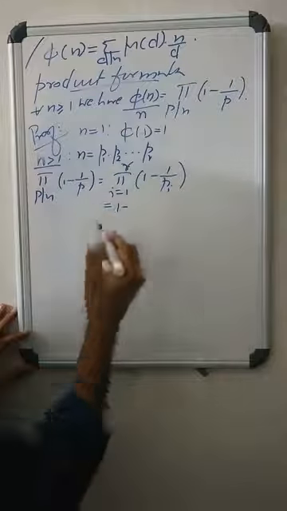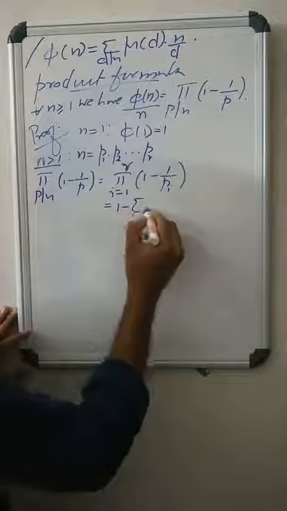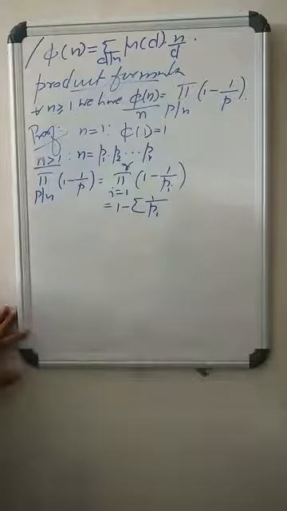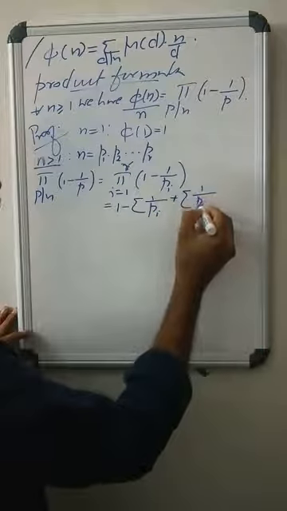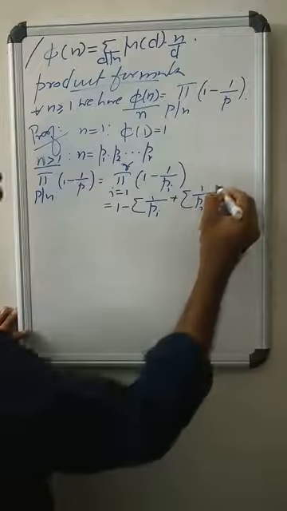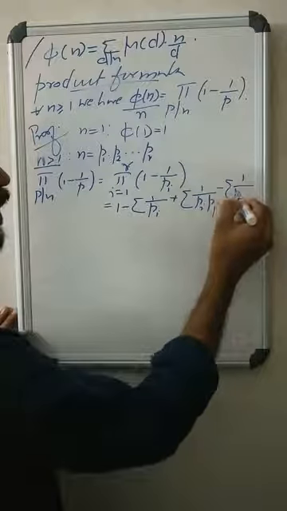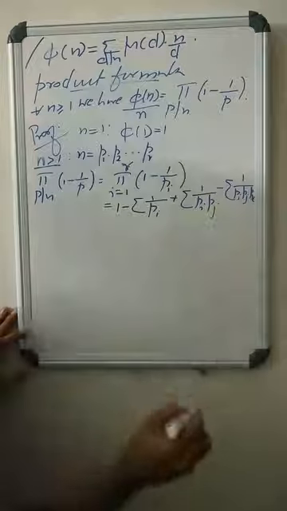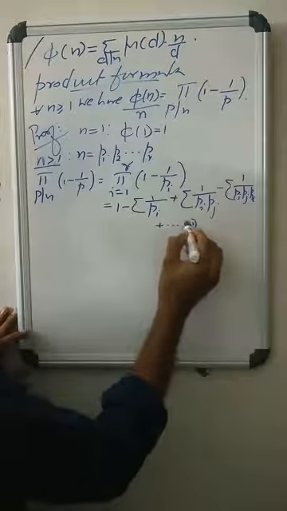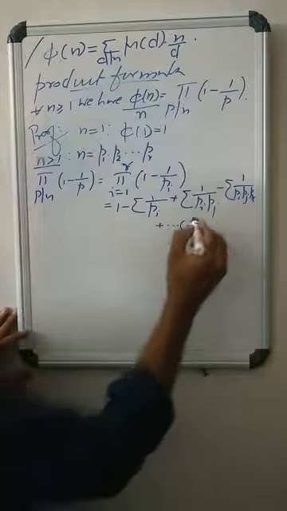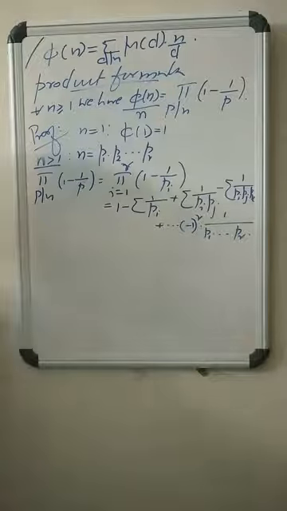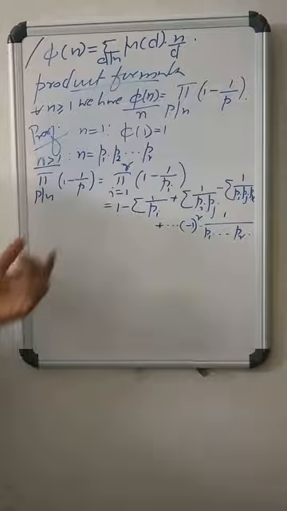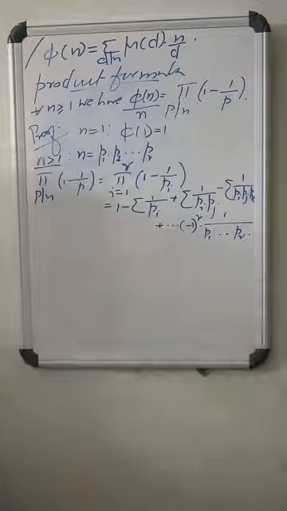The product for i from 1 to r of 1 minus 1 by pi can be rewritten as 1 minus the sum of 1 by pi, plus the sum of 1 by pi pj, minus the sum of 1 by pi pj pk, plus etc., up to the last term, minus 1 power r into 1 by p1 etc. pr. It's immediate.